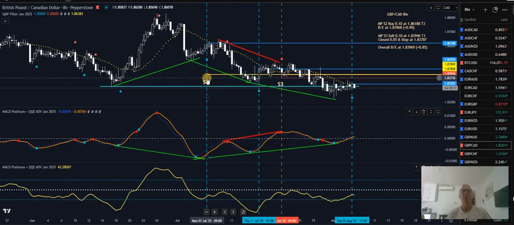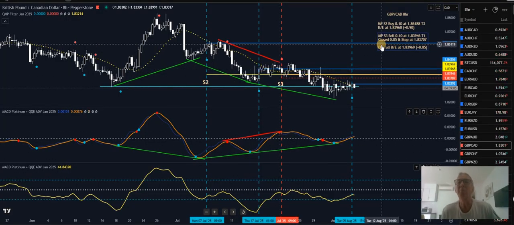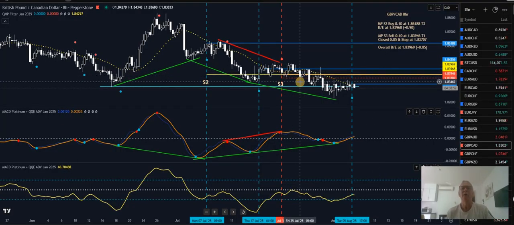Pound CAD. Righto, we're in these buys. So 1, 2, 3 buys. Took the sell here, which is a hidden bearish divergence trade. You can see it there. Stops dragged down a bit. Can't lose on that sell. The sell's in there somewhere. Yeah, it's in there. So I can't lose on the sell, so it's giving me a bit of profit. In the meantime, I'm trying to get out of these buys.